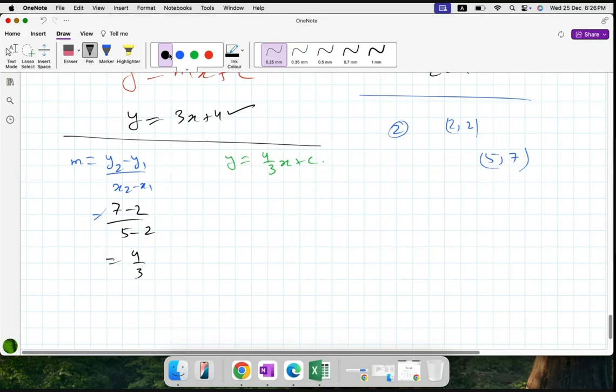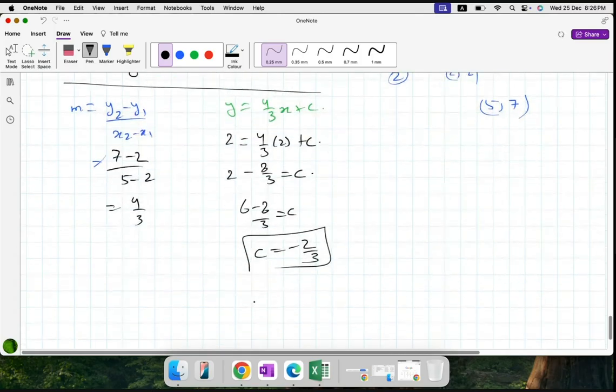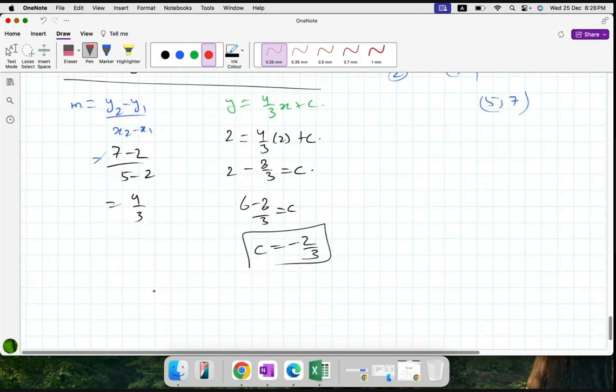I need to find c. We can use any coordinates out of these two. I'm using the first one, where y is 2, x is 2, and I can find c. So 2 minus 8 by 3 equals c. 6 minus 8 by 3, c equals minus 2 by 3. Once we are done, we can rewrite the equation y equals mx plus c.